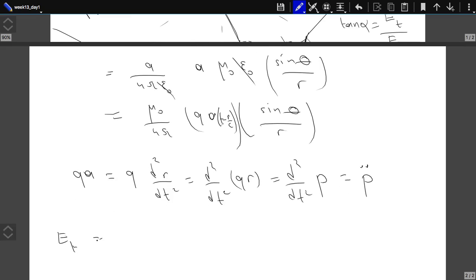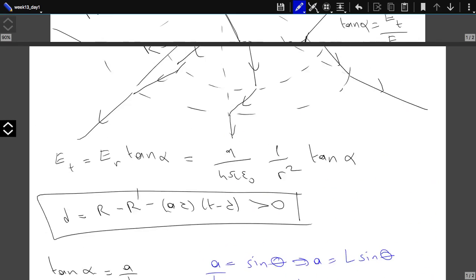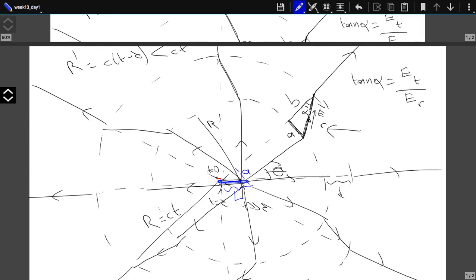So the tangential component of the electric field is mu 0 over 4 pi p double dot sine theta over r. Well, this is tangential to the radial component. So if you are looking at this point, the tangential component is this way.